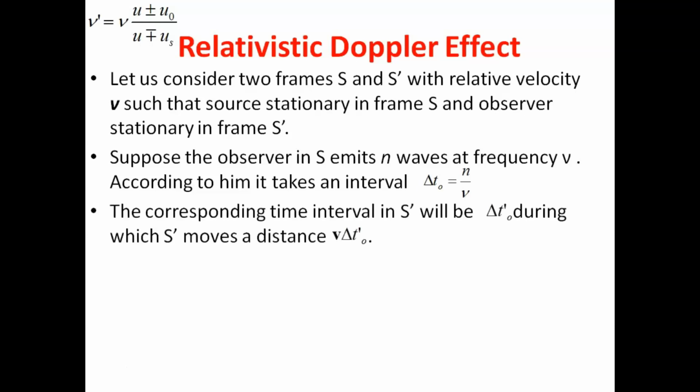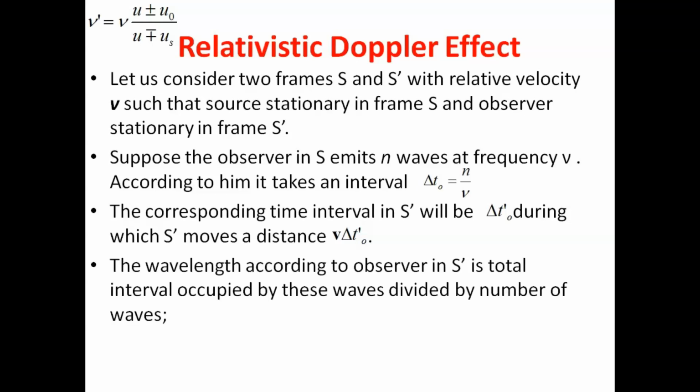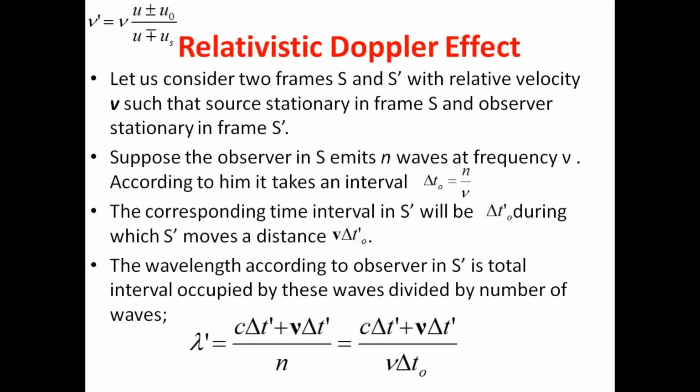The corresponding time interval in S dash will be delta t dash, during which S dash moves the distance v delta t dash. The wavelength according to the observer in S dash is the total interval occupied by these waves divided by the number of waves.